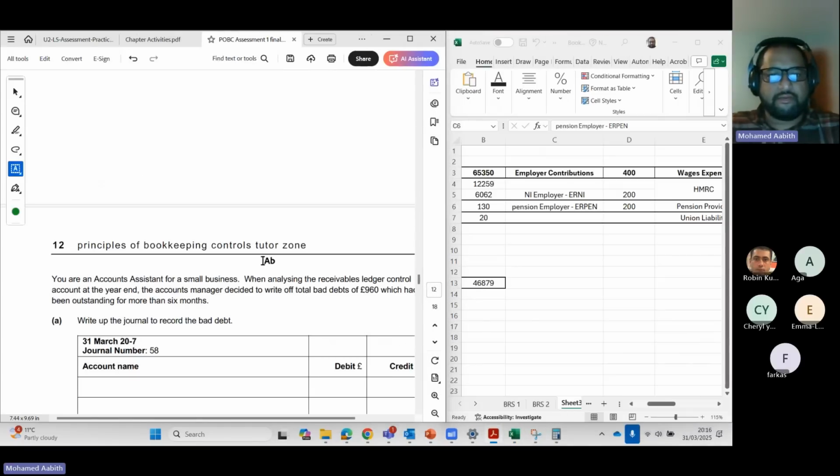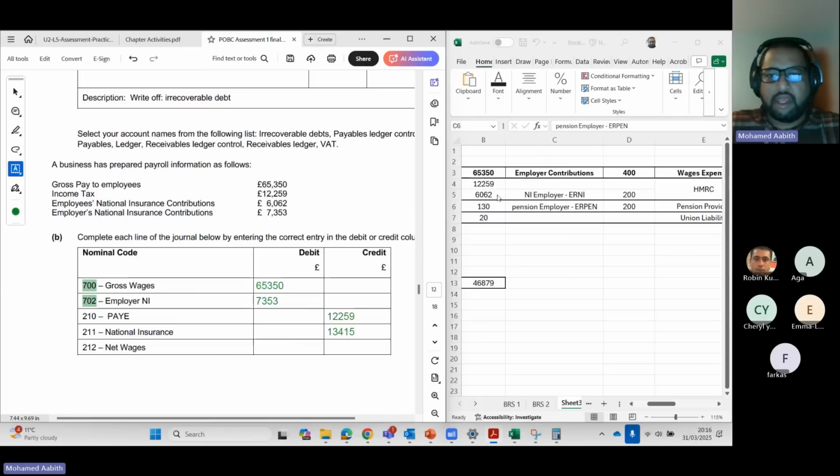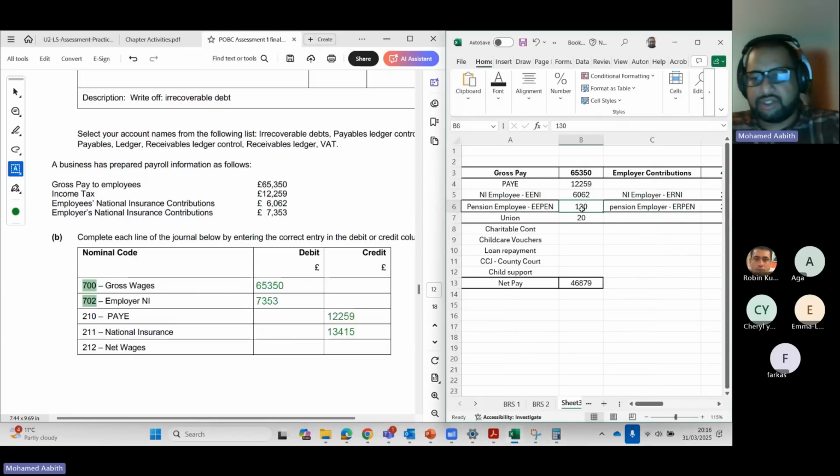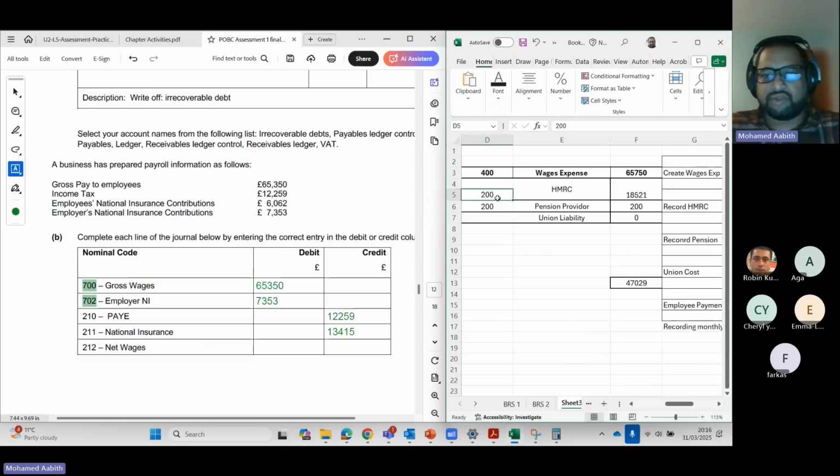Okay, so the numbers I have in mind are these two. And then this one here, that one is 0, and that one is how much? 7,353. Okay, let's see all these numbers work out for me.